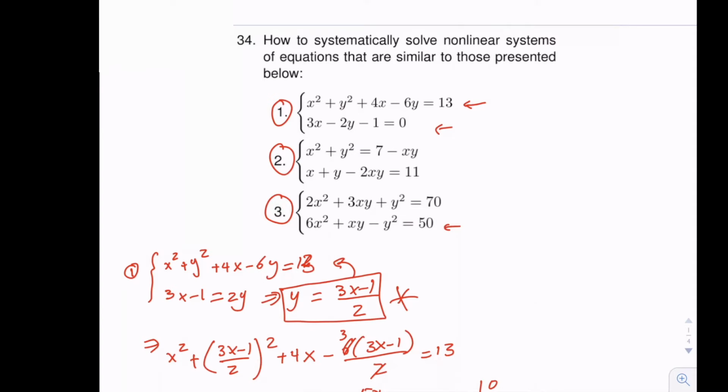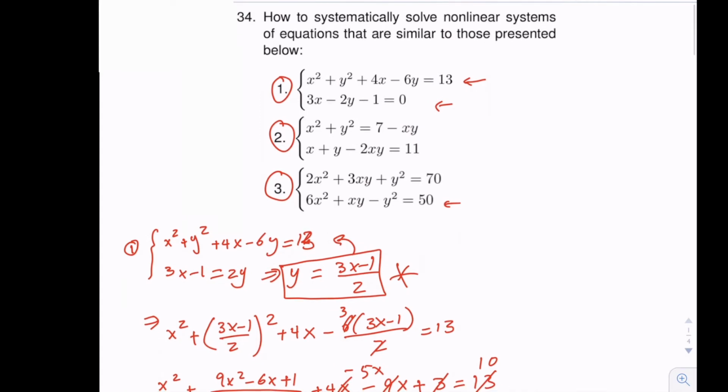For example, in case of this, if I assume that y is mx and I replace y inside these two equations, I will get a system of equations that is based on x squared and m, and maybe we can solve it that way. So let me rewrite this.